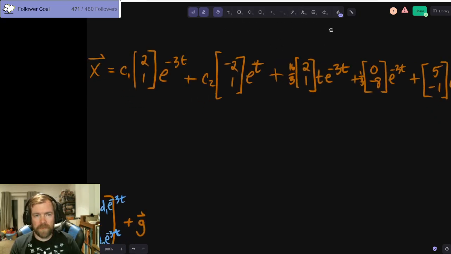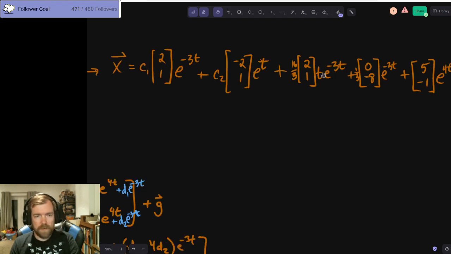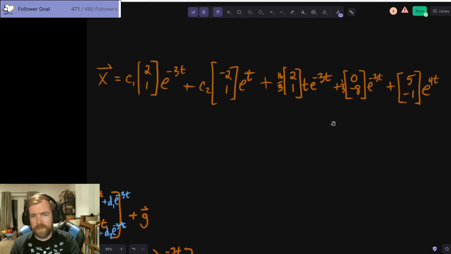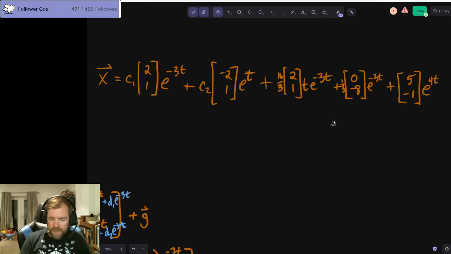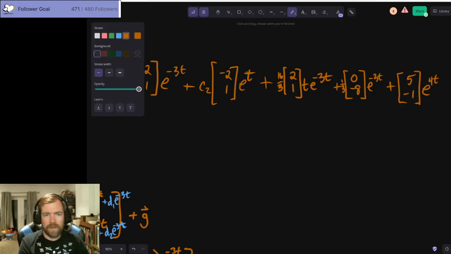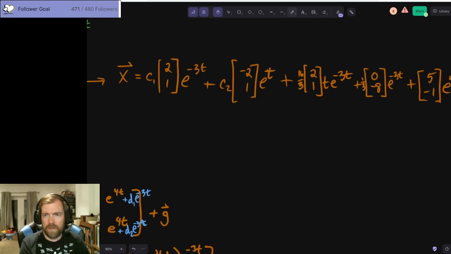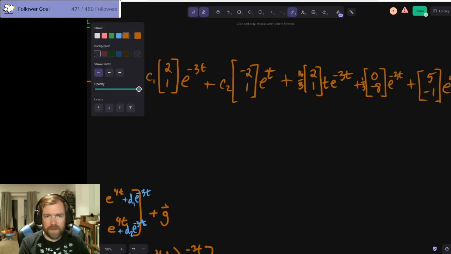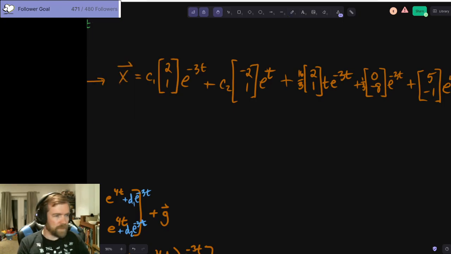All right, so there is our X solution for this particular system of equations, including the non-homogeneous portion. All right, other comments? Questions? Feel free in chat. Anybody who wants a little more clarification on this, we're happy to explain.